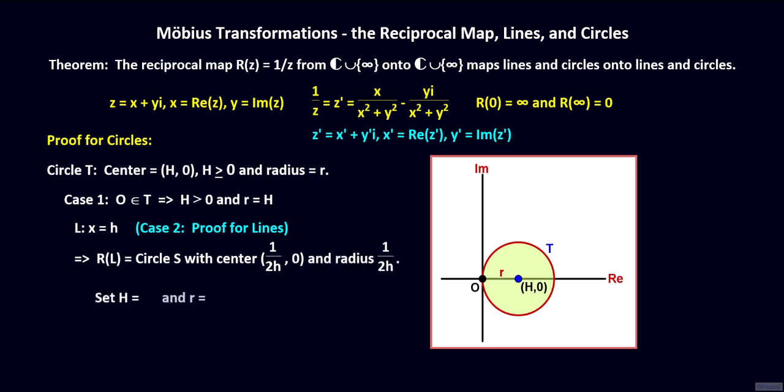So we set big H and R both equal to 1 over 2 small h, so that circle T and circle S are one and the same circle. The inverse of the reciprocal map being itself, the inverse image of line L is the reciprocal map applied to L, which we had found earlier to be circle S, and circle S is also circle T. Therefore, the reciprocal map maps circle T onto line L.